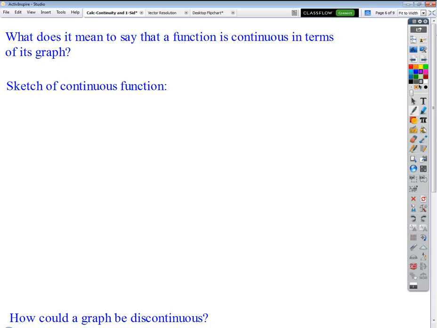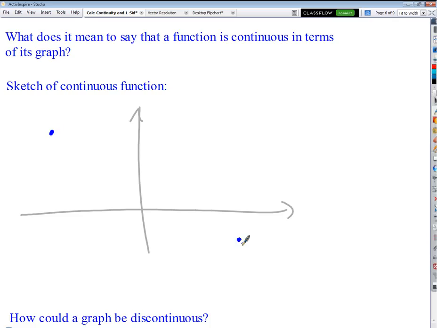If I take, say this is the xy plane, if I want to sketch a continuous function, let's say I know that the function passes through that point and through that point. What has to be true if I'm going to sketch a continuous function that goes from there to there? Can you put just arrows on your answer? Well, I could.